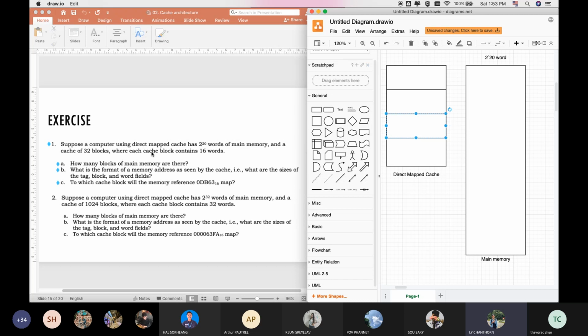Like it mentioned here, each block contains 16 words. Meaning that there are many more blocks, and inside each block, it has 16 words.